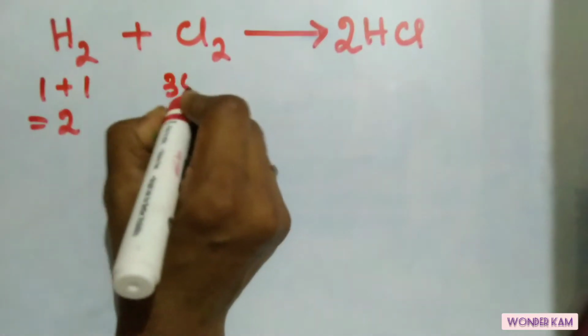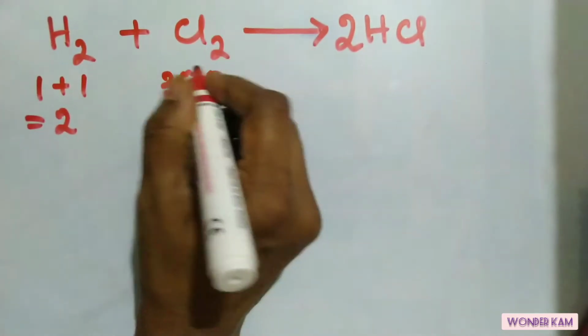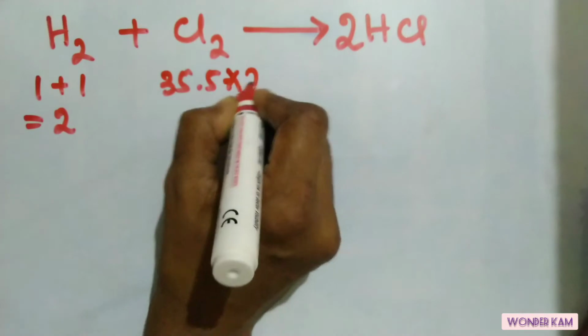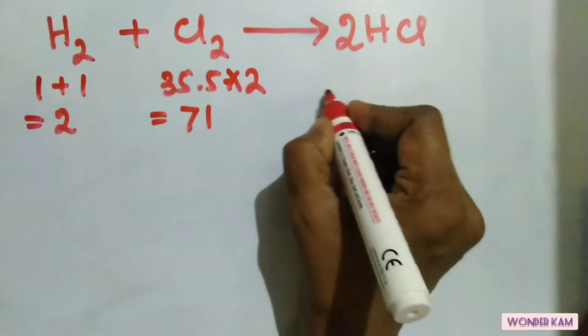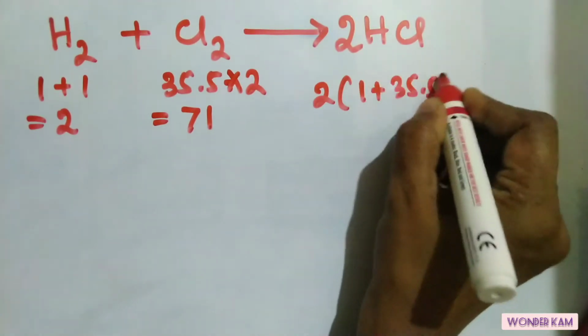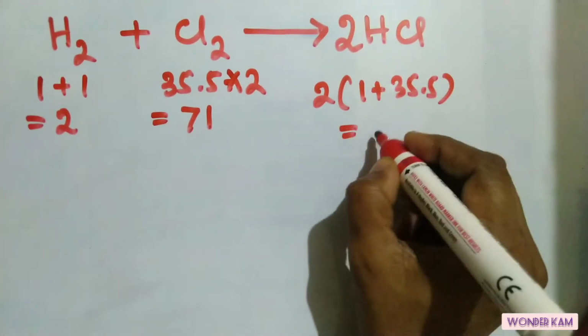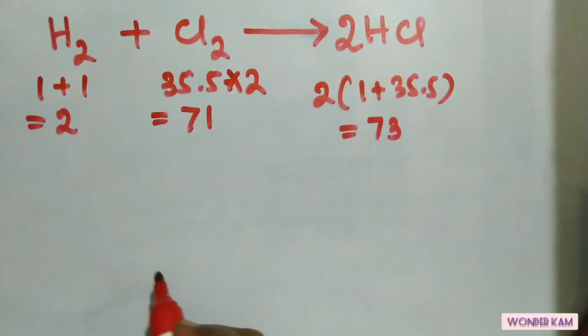This is 2, and this is 35.5, and 2 chlorines are there, so I multiply this and it becomes 71. And this is 1 plus 35.5, and this becomes 73.